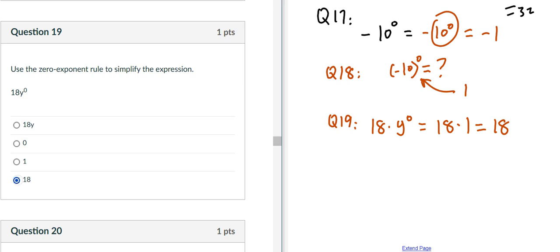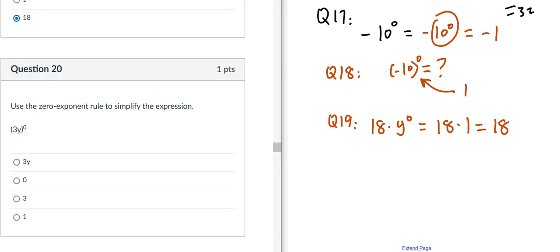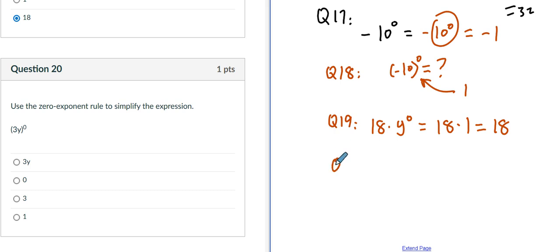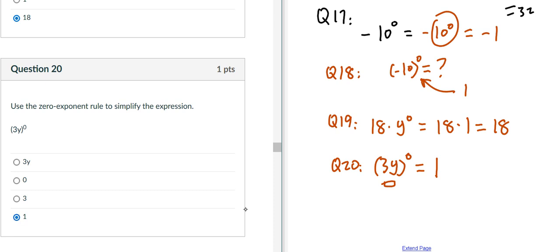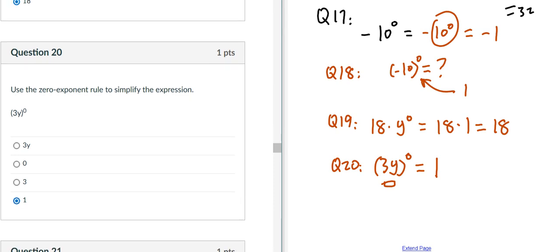So you will choose this one. Now, here comes 20. For 20, you have 3y and the whole thing to the 0. Whatever you end up with here, as long as it is not 0, the number to the 0 is 1. So choose the one right here. Okay, so let's stop here.